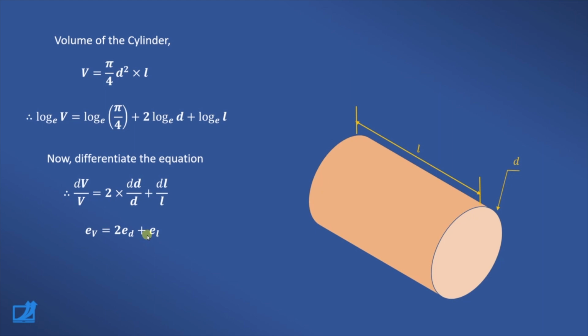Volumetric strain, that is change in volume divided by original volume. Volumetric strain of a rectangular block is strain in length plus strain in width plus strain in thickness. And volumetric strain of a cylindrical bar is twice strain in diameter plus strain in length of the bar.